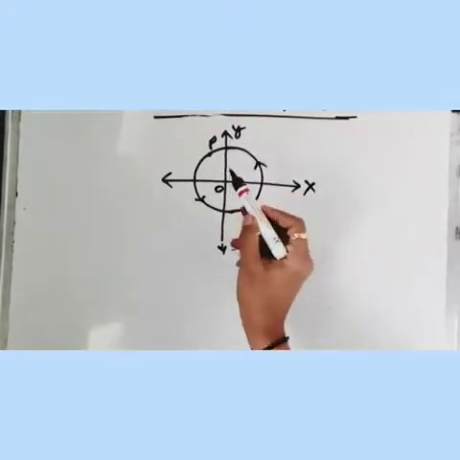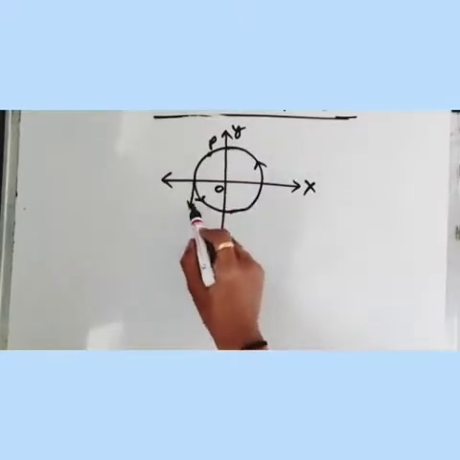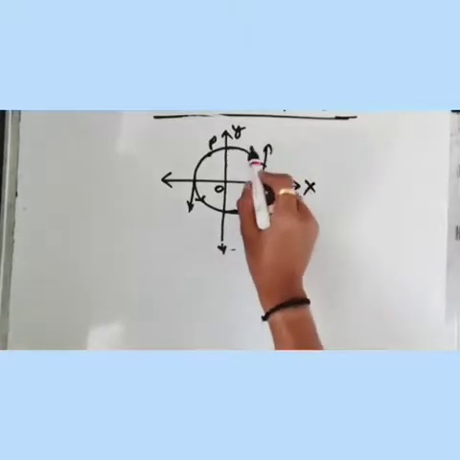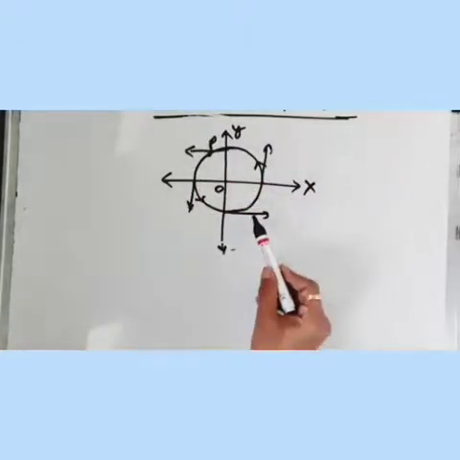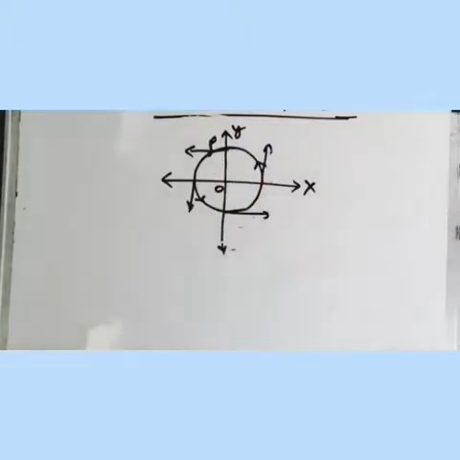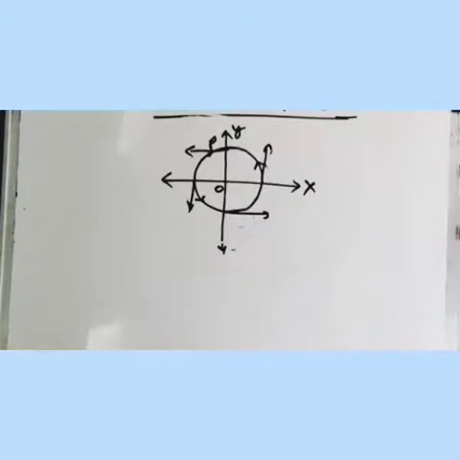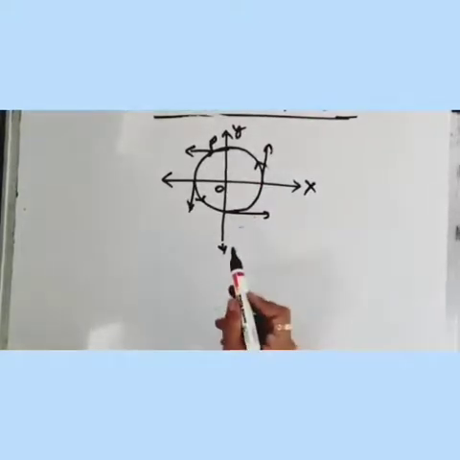Now if we consider linear speed of this particle at any time instant, here, here, here or here, we can see that the linear velocity of a particle is tangent at any time instant. It means it is tangent to its circular path. So from this we can discuss the characteristics of circular motion.